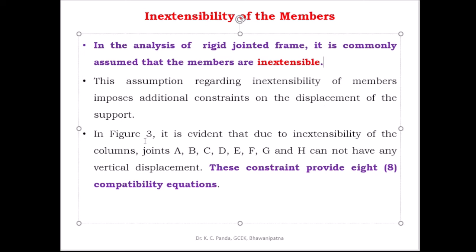In figure 3, it is evident that due to inextensibility of the columns, joints A, B, C, D, E, F, G, H cannot have any vertical displacement.